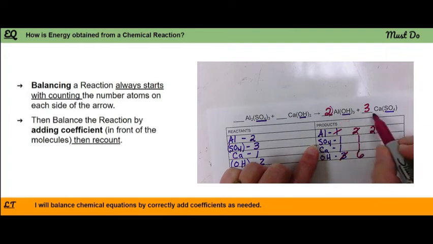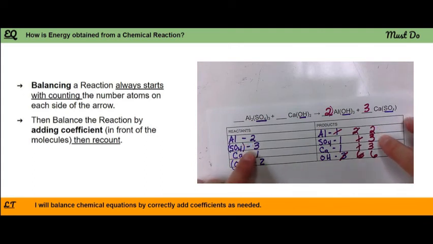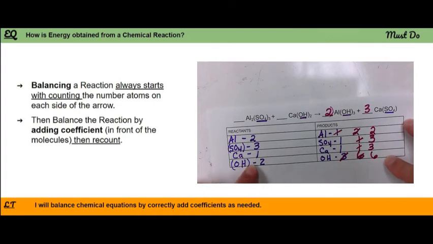I have 3 SO4s. I have 3 calciums, and I have 6 OHs. Okay, do I balance? So I balance here, but I don't balance here.